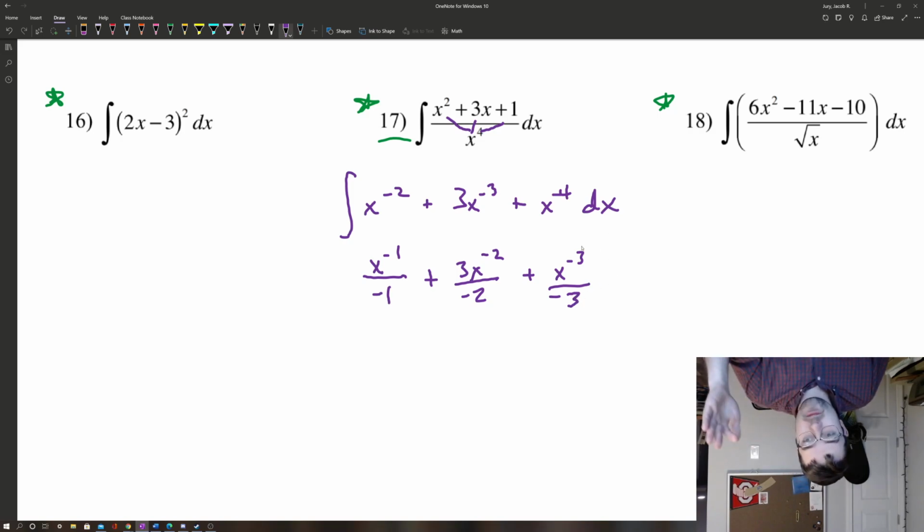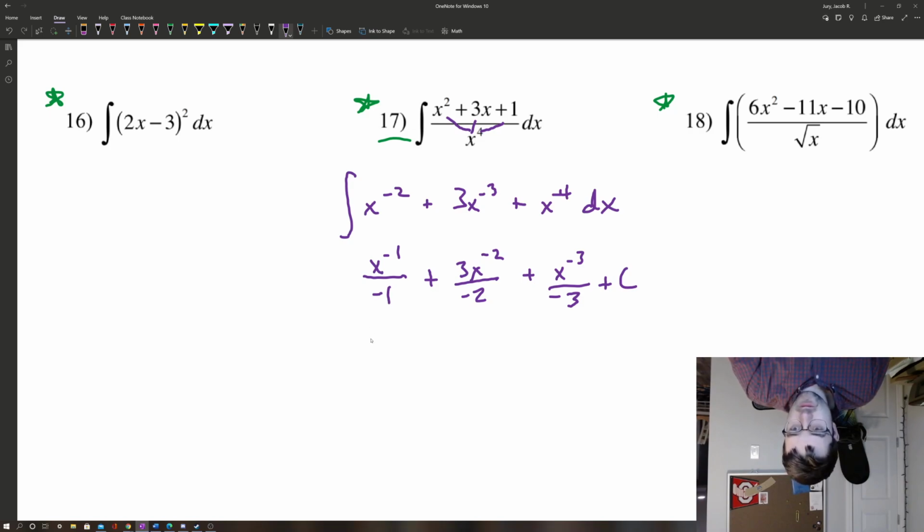So I'm adding 1 to that power and dividing by that new power, and then plus c. And so it ended up being pretty easy if we could just divide each of those numerator terms by x to the fourth, which is what that operation is saying to do.